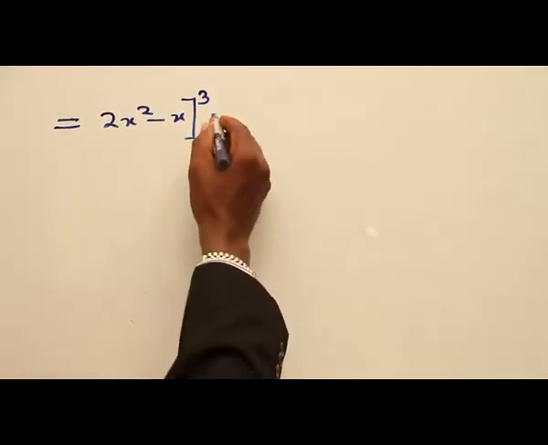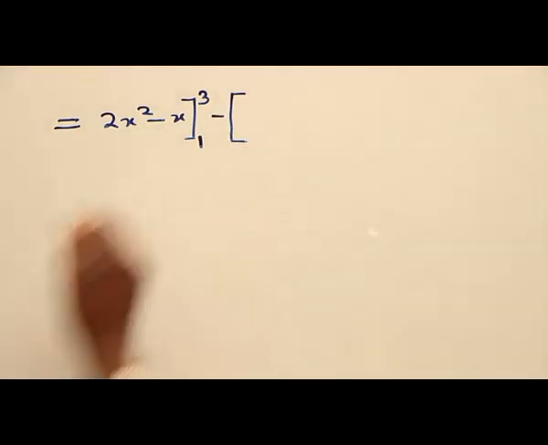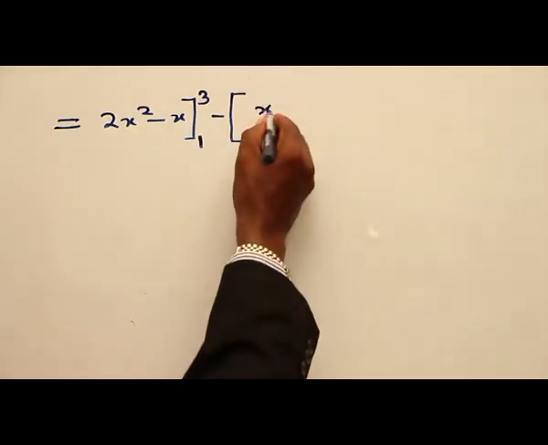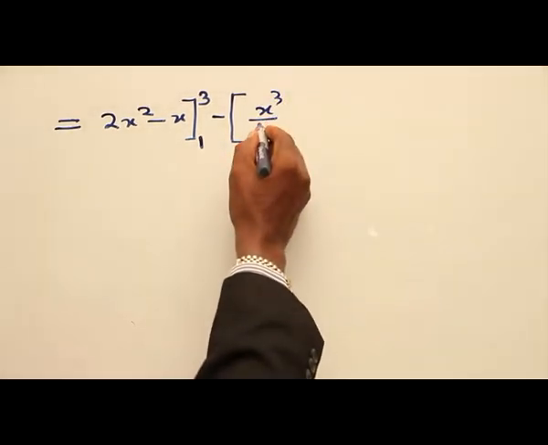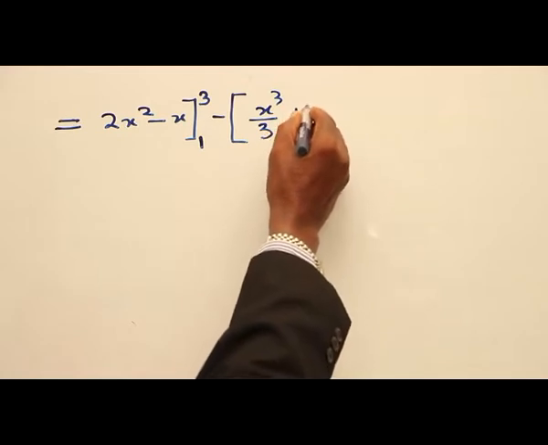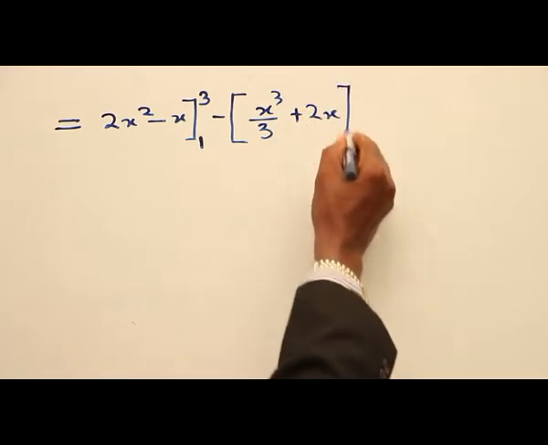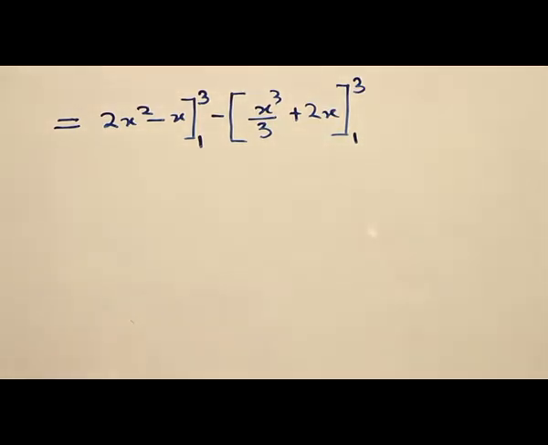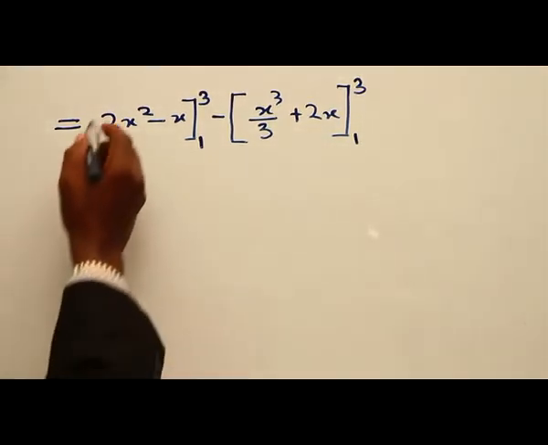Then of course minus, open the bracket, we have x raised to power 3 all over 3 plus 2x, close the bracket, evaluated at these limits.